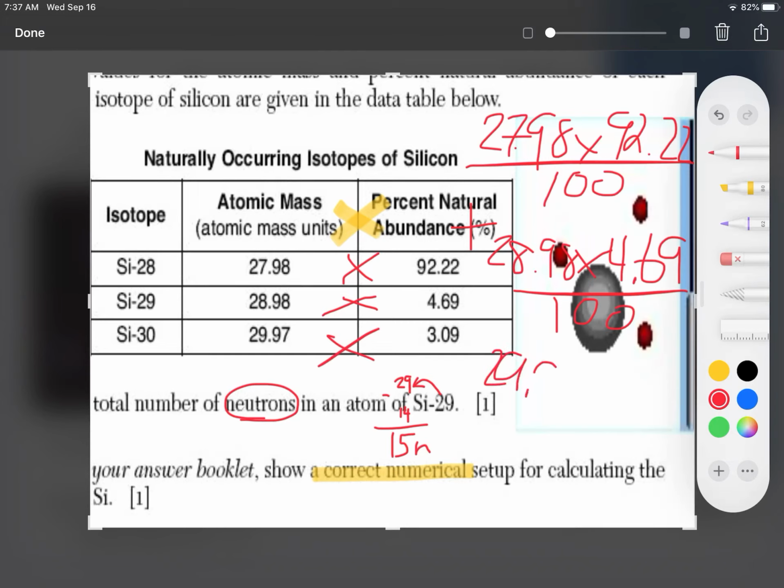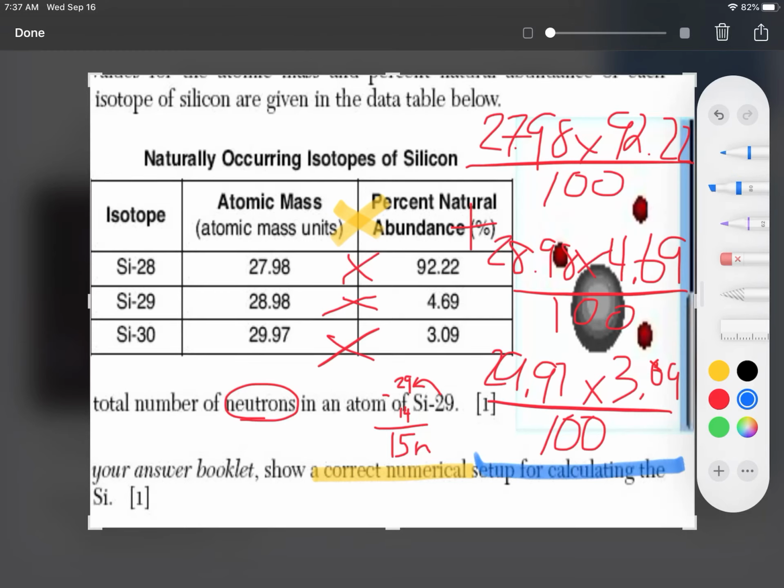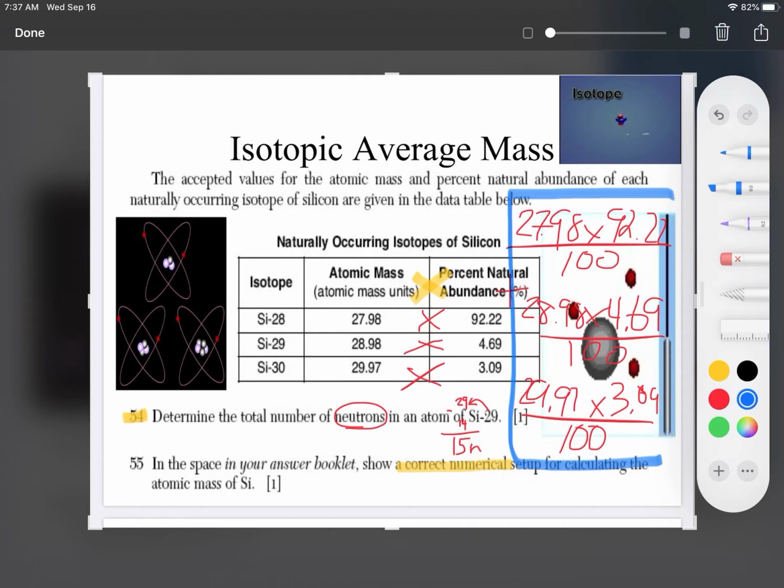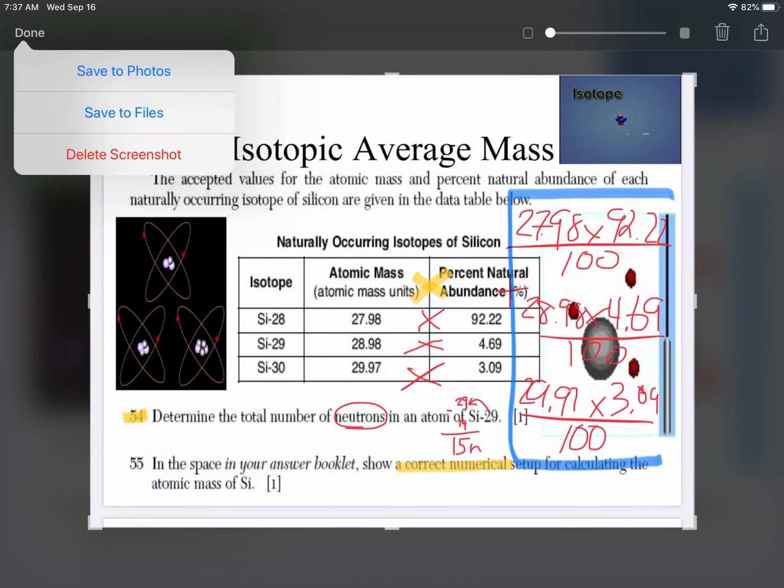Plus 29.97 times 3.09. That's a 0, I apologize. Over 100. And ladies and gentlemen, that is what's called the correct numerical setup, because look, they did not ask for the final answer. They didn't say calculated result. They just want that. Okay, let's move on.